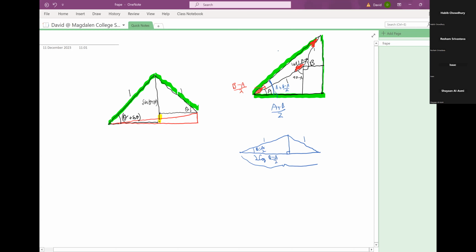So this long diagonal is 2 cos of b minus a over 2. And then the opposite side is the sine of the angle a plus b over 2 times that. So I get 2 cos b minus a over 2 sine a plus b over 2.